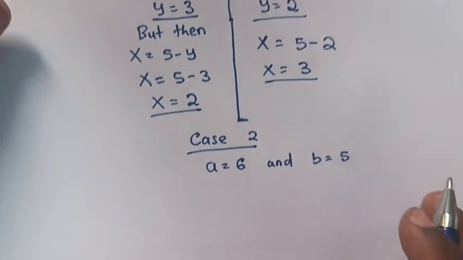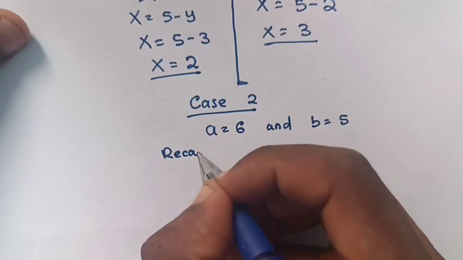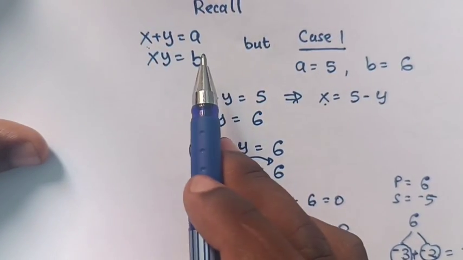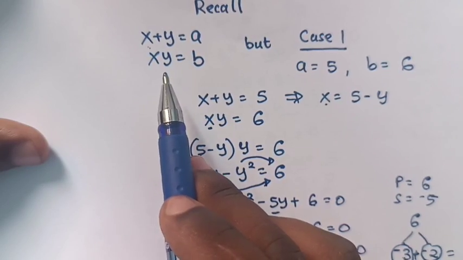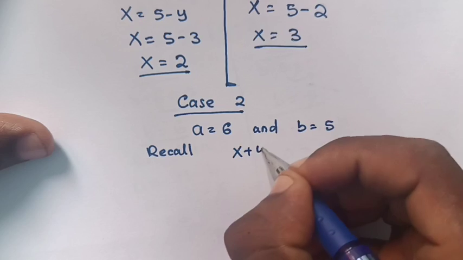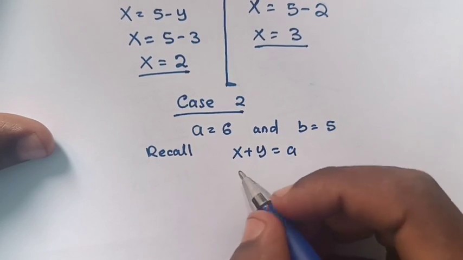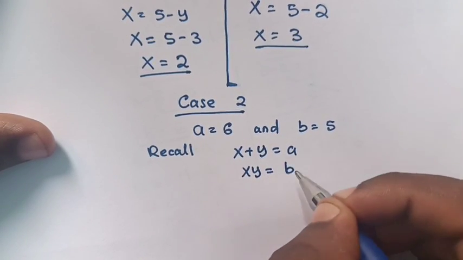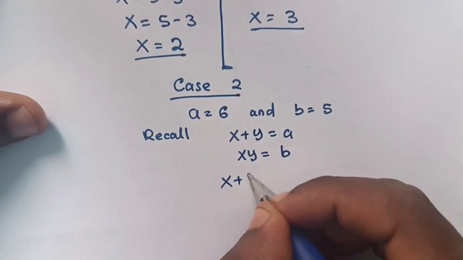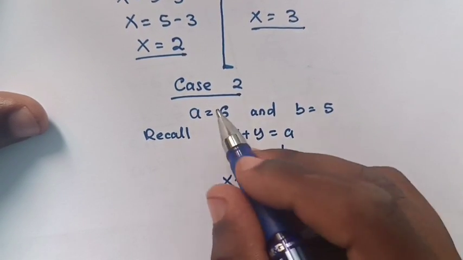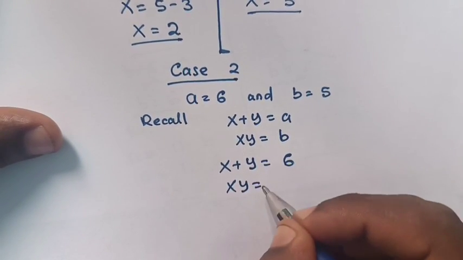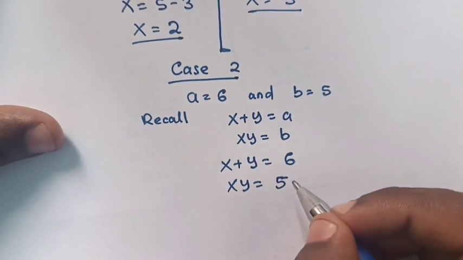Now recall again, x plus y is equal to a and xy is equal to b. Then we substitute x plus y is equal to a, which is 6, and xy is equal to b, which is 5.